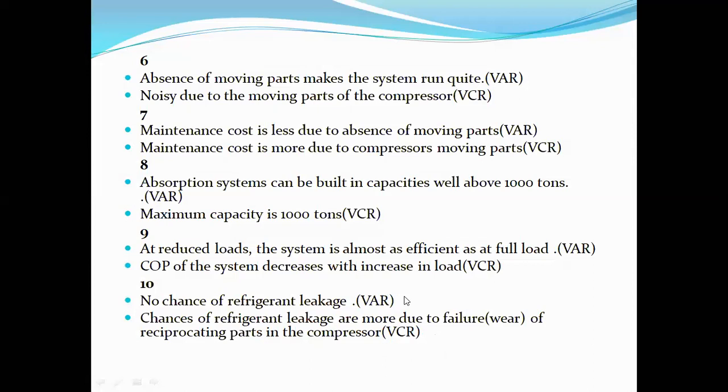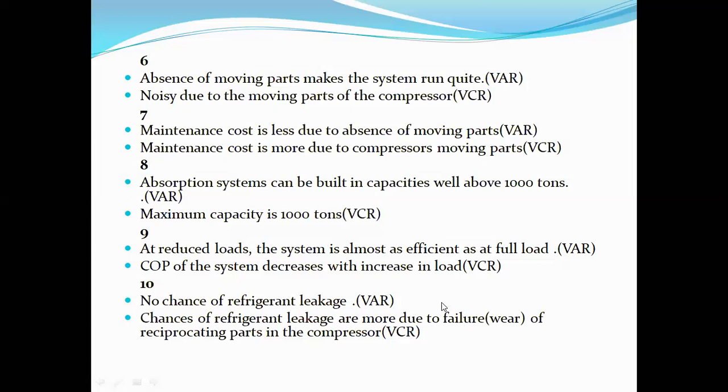Next, regarding the application, VAR are mainly used for industrial purposes, because plenty of waste heat is available from the exhaust gases that we can use in case of VAR.